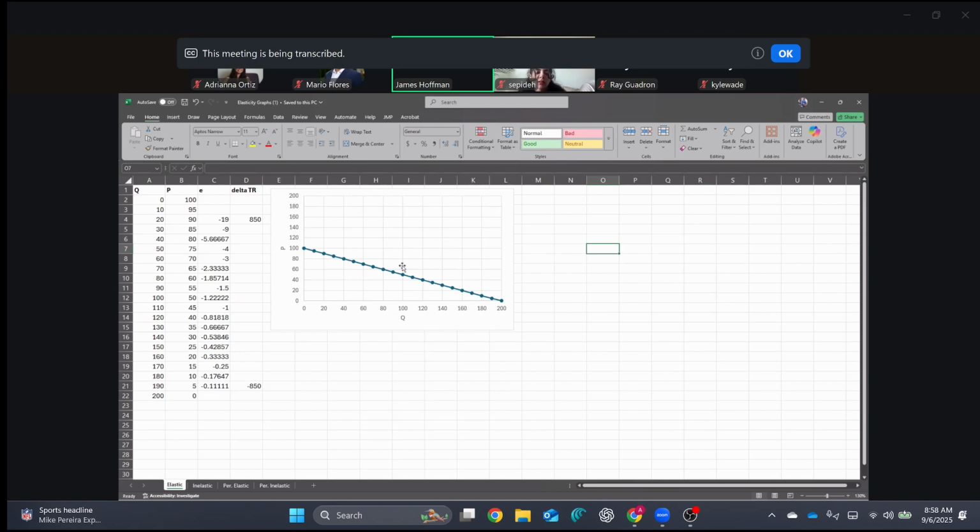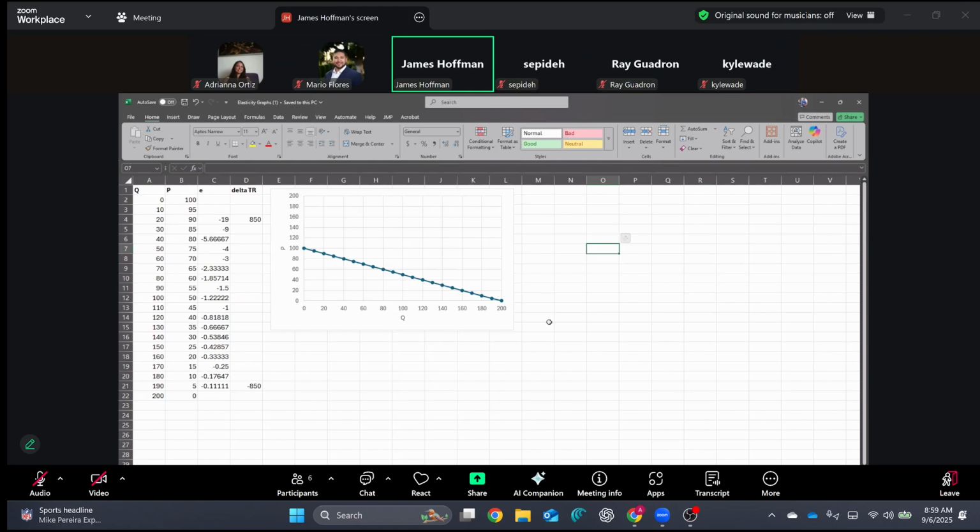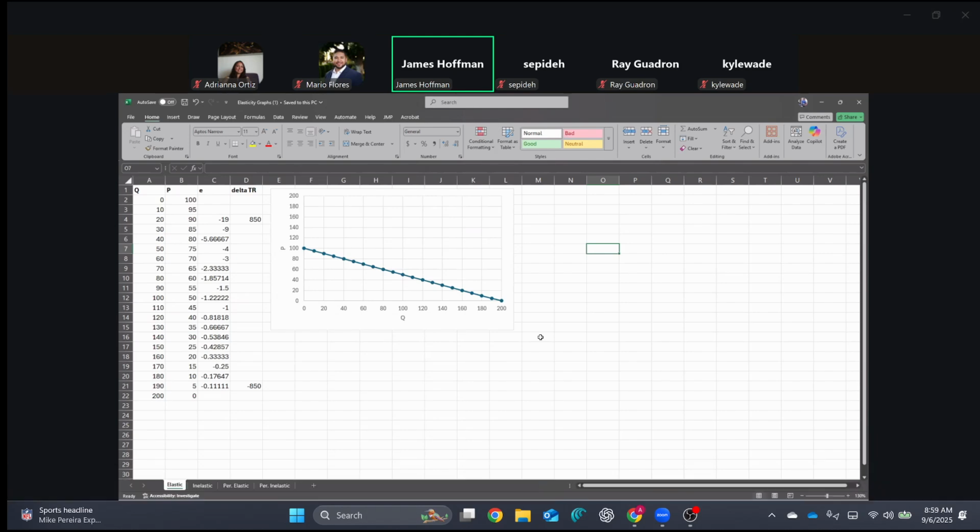But the law of demand should hold. Let's just use an example: after COVID, groceries have gone up. Take eggs.